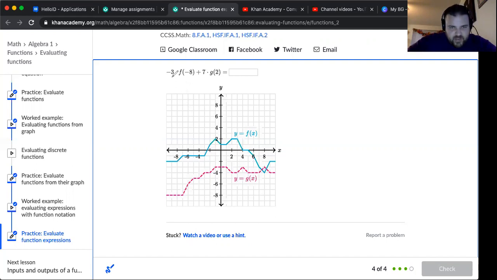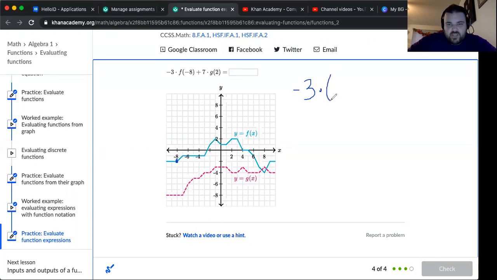So I'm going to copy this down here. We got -3 times f of -8. The f function is here in blue. So I'm going to go over to -8 on the x-axis, go find the blue function, which is right down there. And its y value is -2.